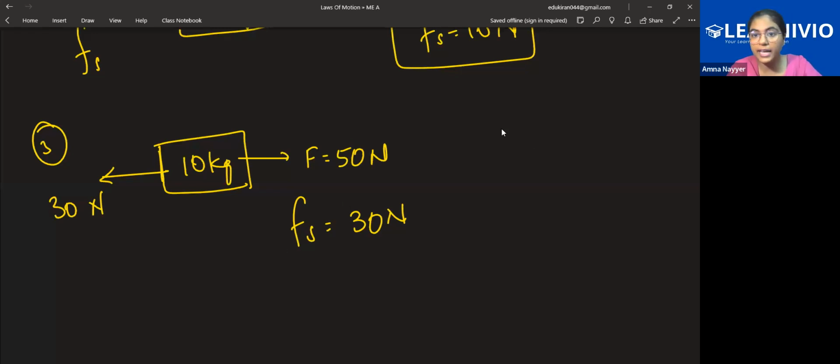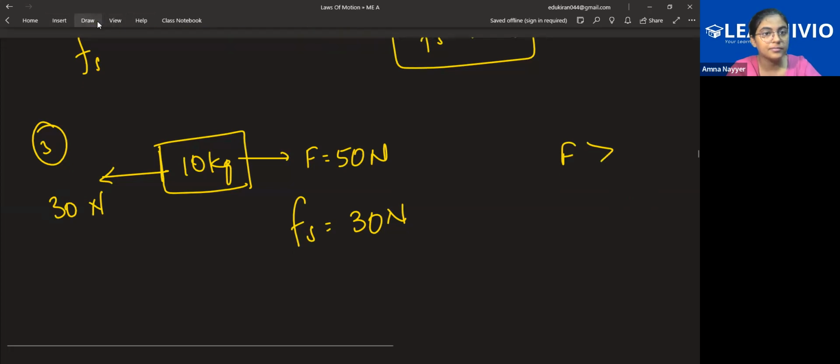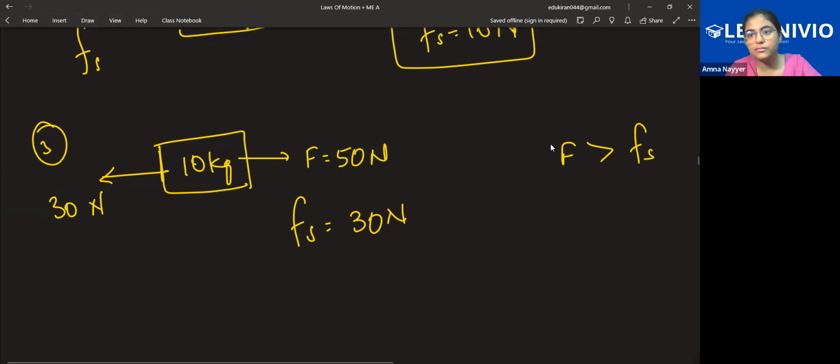Now the applied force here is greater than the frictional force. Applied force here is greater than the static friction. So applied force is 50 Newton. Backwards it is 30 Newton. It means the body will definitely accelerate and move towards the side having greater force, right?